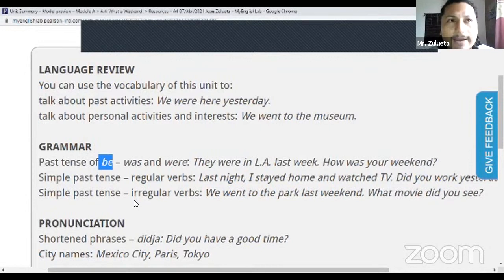For example, I am, you were, he is. The same conjugation for only one verb.